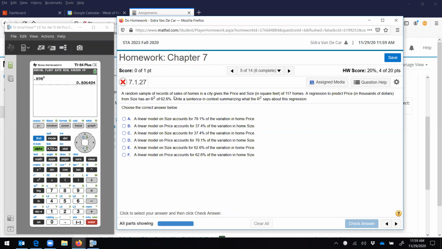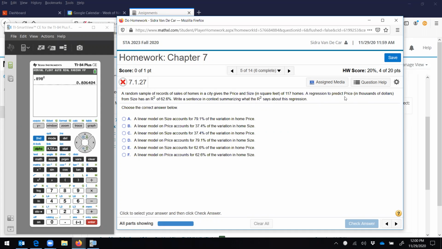A random sample of records of sales of homes in a city gives the price and size in square feet of 117 homes. A regression to predict price in thousands of dollars from size has an R squared of 62.6%. Write a sentence in context summarizing what the R squared means. Well, remember that's the amount of variance explained, right?